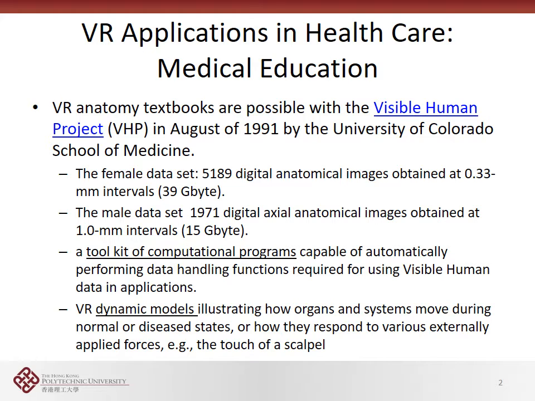There is also a toolkit of computational programs capable of automatically performing data handling functions required for using visible human data in applications. The researchers also provide VR dynamic models to illustrate how organs and systems move during normal or diseased states, or how they respond to various externally applied forces.